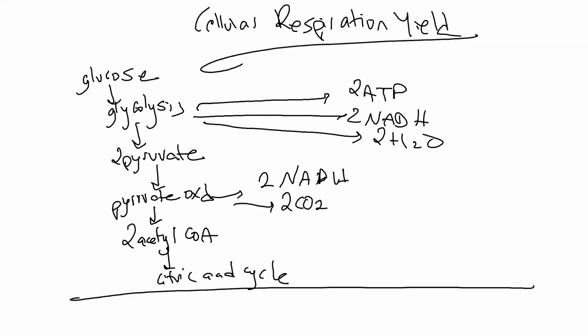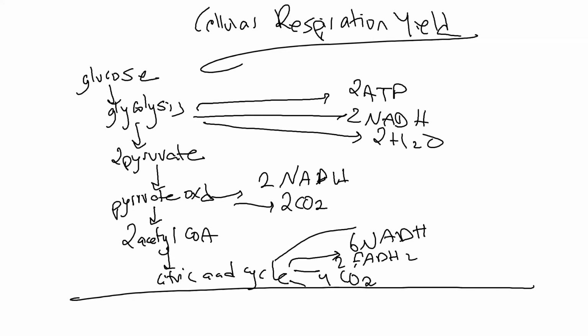And for the citric acid cycle, we said it produces 6 NADH. I'll speak about both cycles together. 2 FADH2, 4 CO2, 2 H2O, 2 ATP from the GTP, the one at the succinate, if you remember.